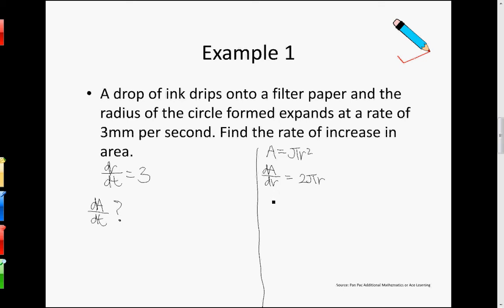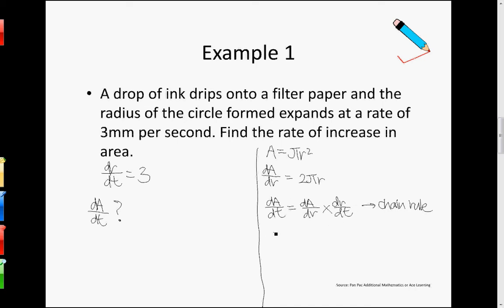Then recall the chain rule: dA/dt is equal to dA/dr times dr/dt.